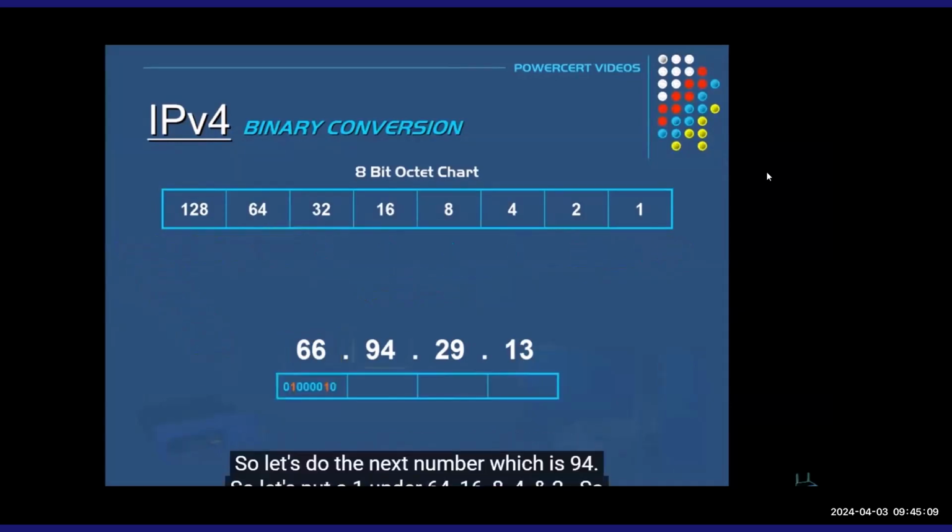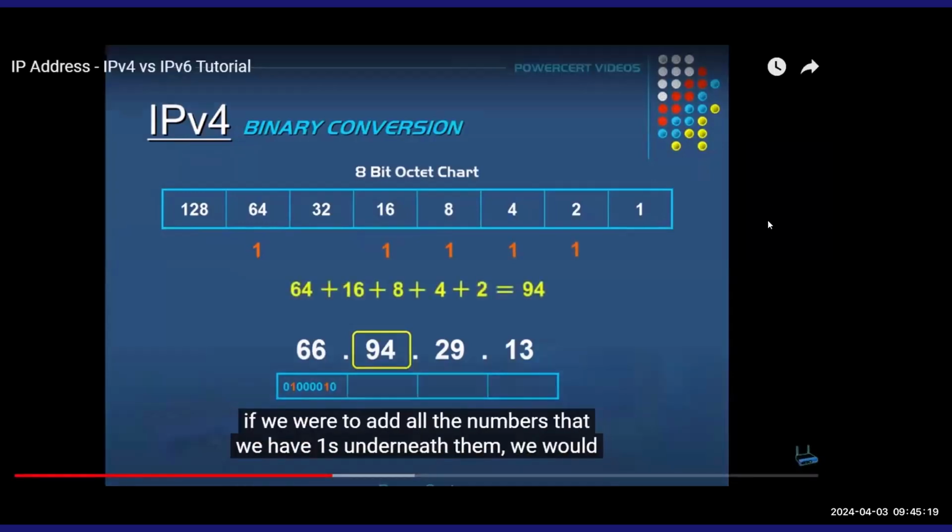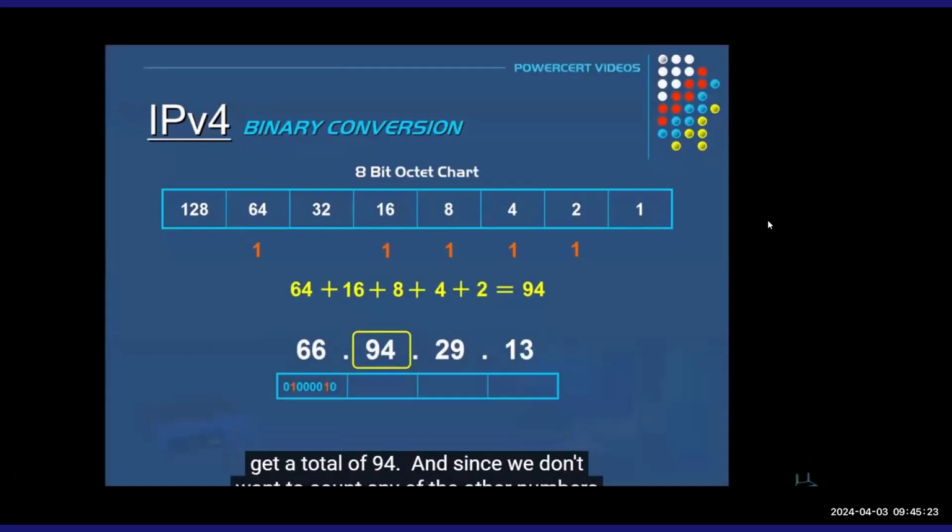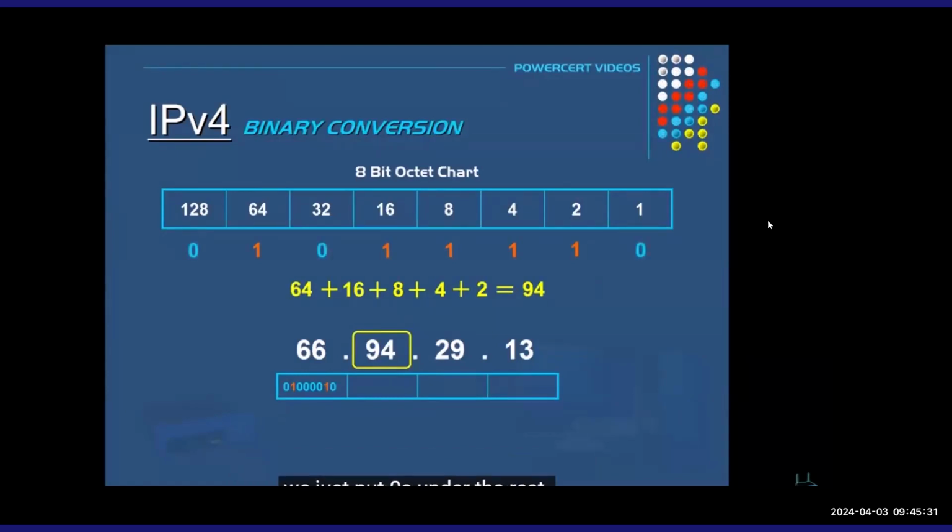So let's do the next number, which is 94. So let's put a 1 under 64, 16, 8, 4, and 2. So if we were to add all the numbers that we have 1s underneath them, we would get a total of 94. And since we don't want to count any of the other numbers, we just put zeros under the rest.